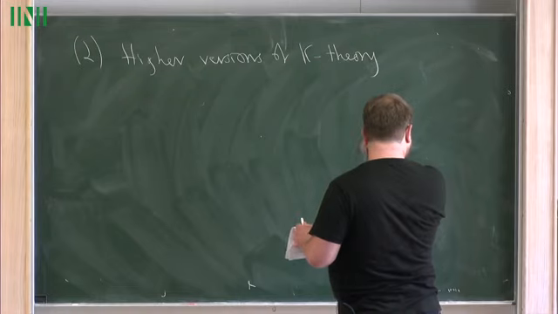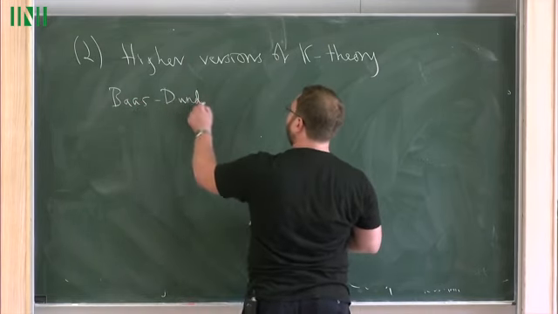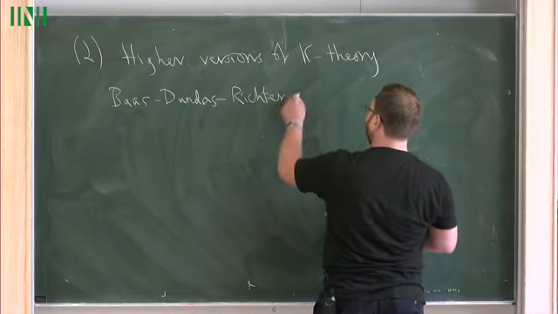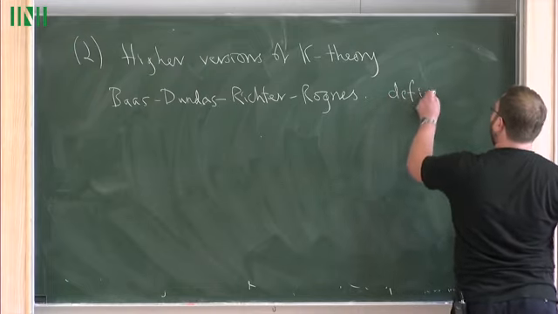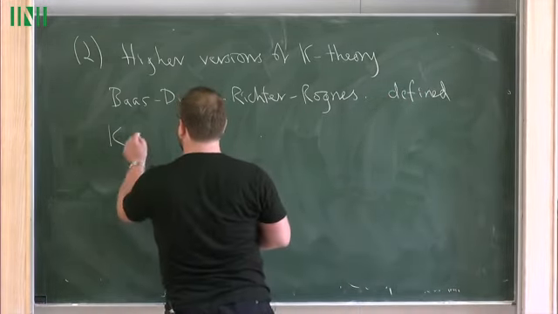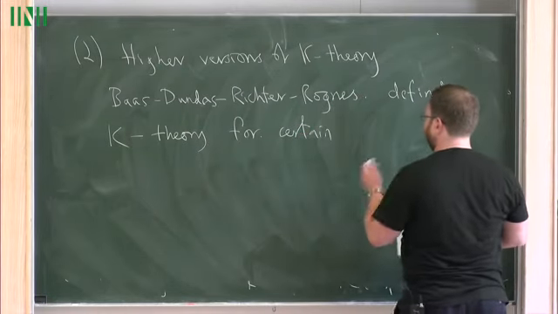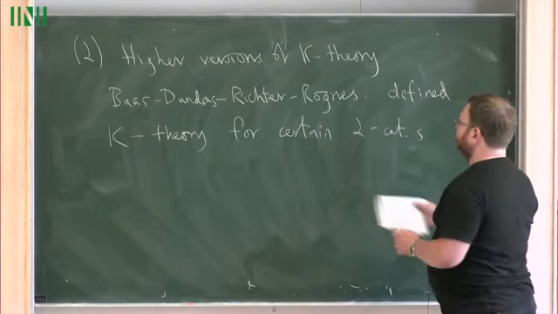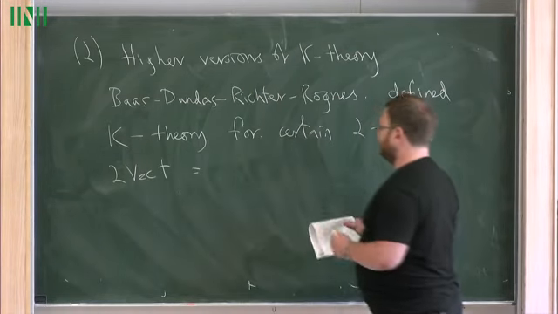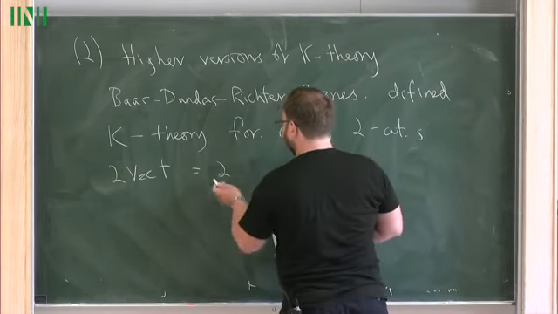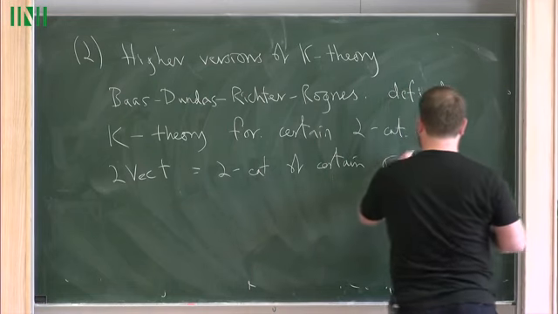Bobkova, Dundas, Birgit Richter, and Rune Haugseng showed that they defined a version of algebraic K-theory for a very special kind of 2-category, and then they considered a 2-category of 2-vector spaces, which is, at least morally, just the 2-category of certain C-linear categories.